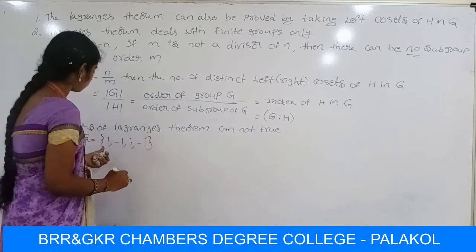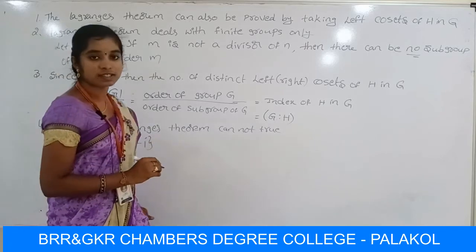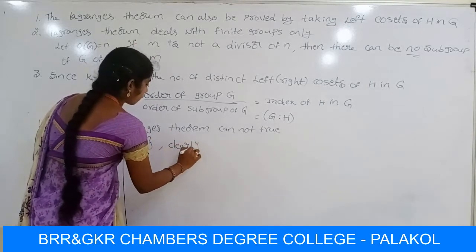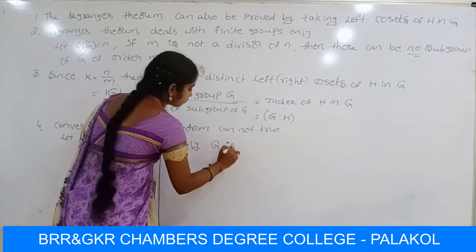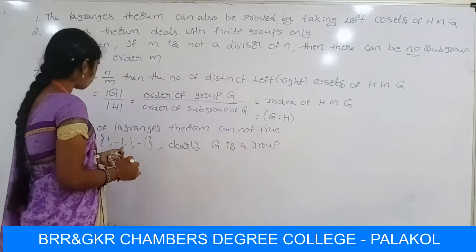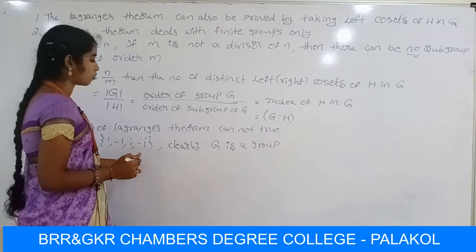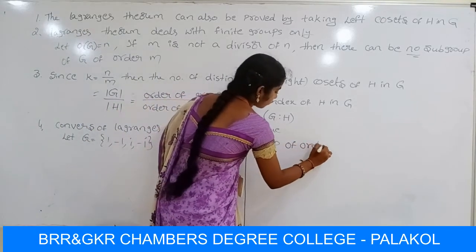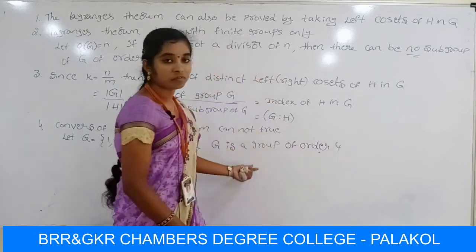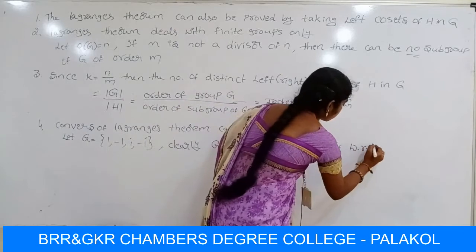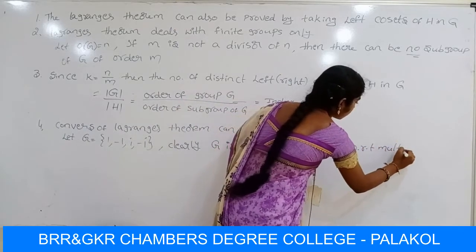Already you know that G equal to {1, -1, i, -i} is a group. So clearly G is a group of order 4, with four elements, with respect to multiplication.